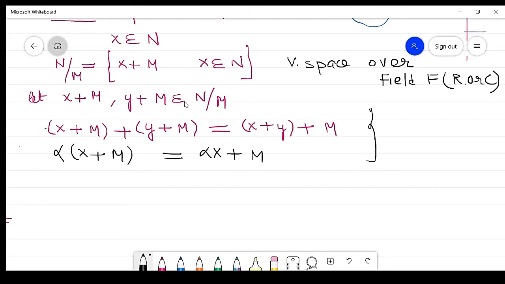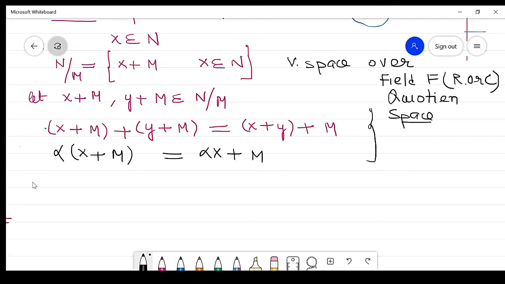So this is a vector space, and this space is also called a quotient space. We discussed this for vector spaces in linear algebra.